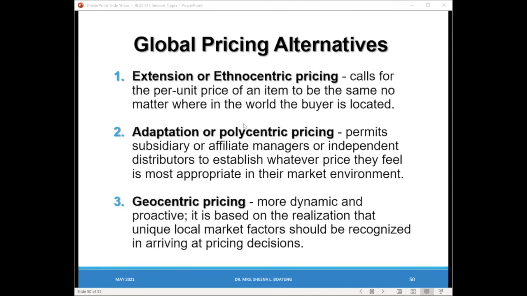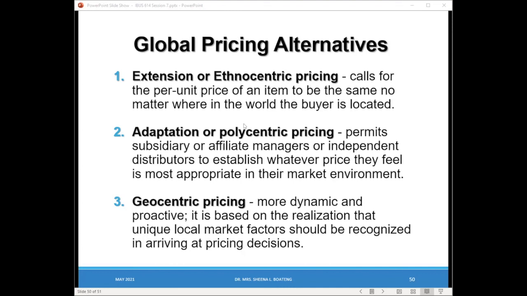Priscilla, please go ahead. Yes, Doctor, question. In cases where there is parallel importation, for example, you are selling something at 1 cedi in Ghana, but you price it at 2 cedis in Nigeria. Then people come and pick it up from Ghana and start destroying the market in Nigeria.